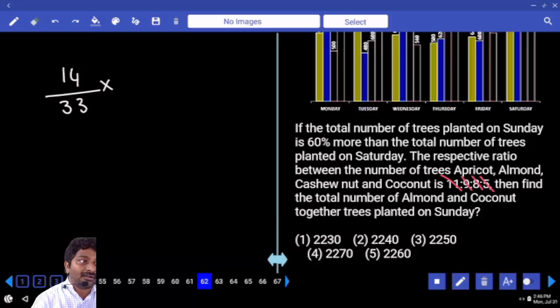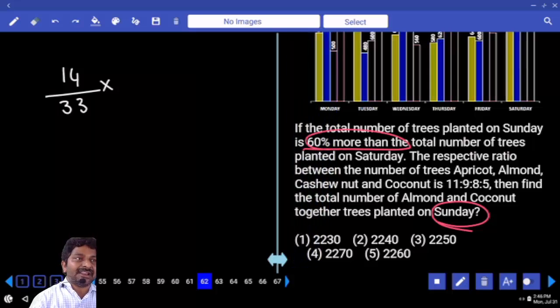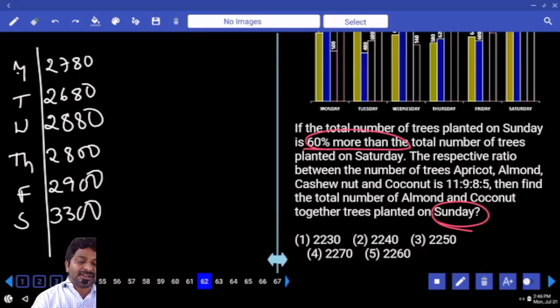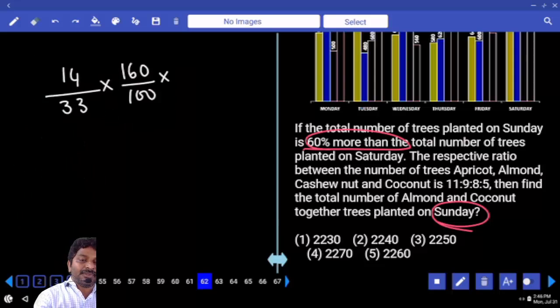This must be calculated on which number? Sunday. Sunday they said it is 60% more than Saturday number. 60% more in the sense 160% of which number? Saturday. Saturday, you know that it is 3,300 only into 3,300, 3,300 gets cancelled only.